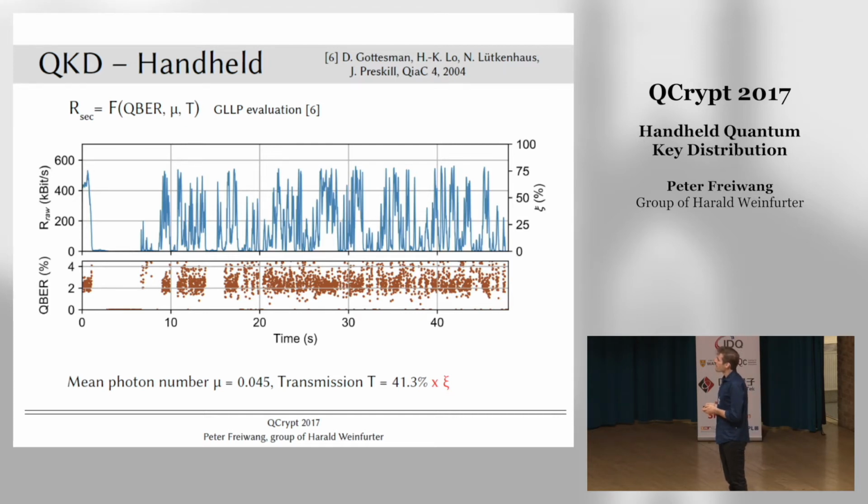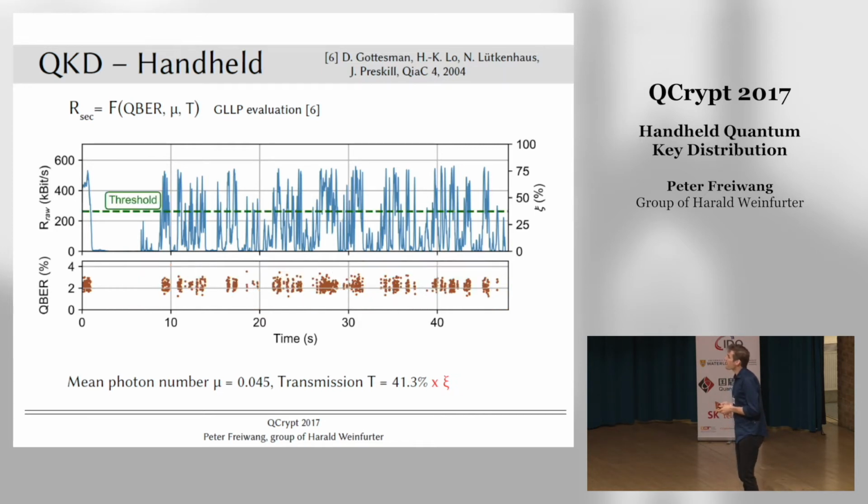And now, as you all know, for the function for the rates, there's the QBER, there's the mean photon number, and there's also a value for the transmission. And what value should we use? Well, here we defined a threshold in order not to overestimate our system.